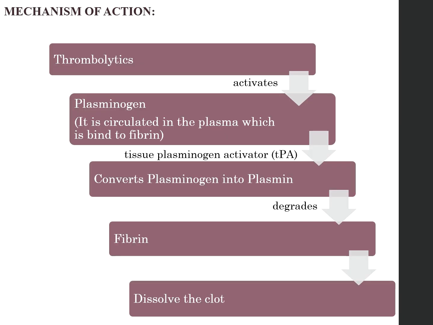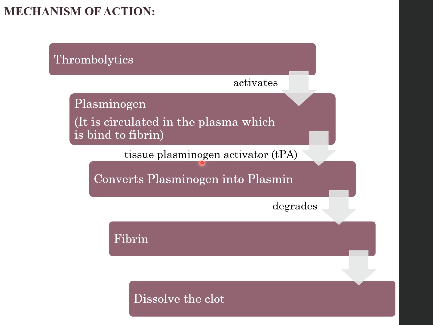Let me discuss the mechanism of action of thrombolytics, such as urokinase or streptokinase. Usually thrombolytics activate plasminogen. Plasminogen is a naturally occurring protein present in plasma, and it usually binds fibrin.